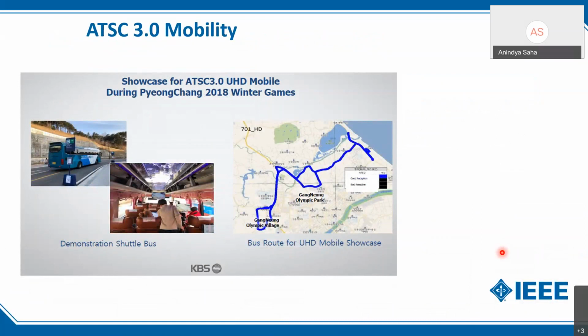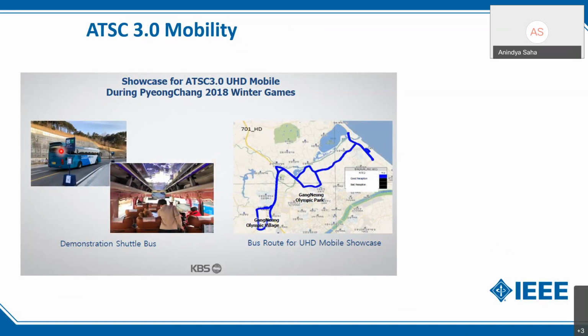Now let's come a little bit towards mobility. When we talk of mobility, one of the important things to understand is how capable this is in terms of offering mobility. This was a showcase which was done during the Winter Olympic Games in Korea, in the year 2018.